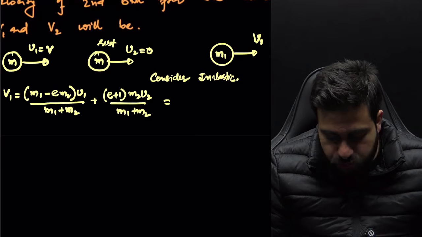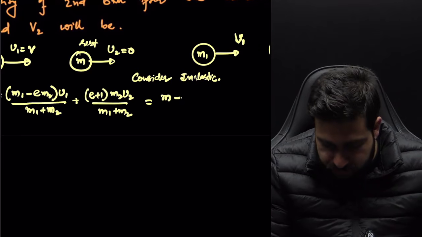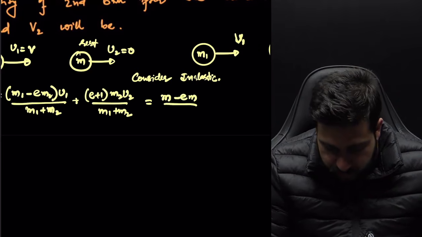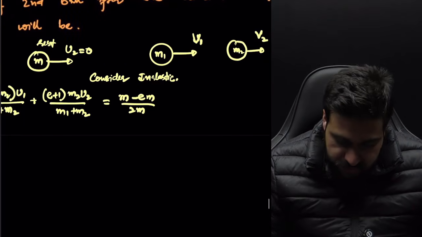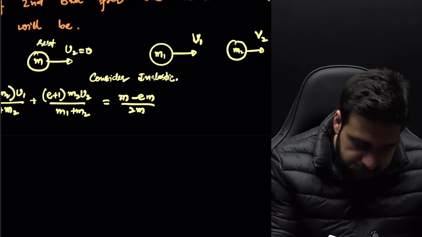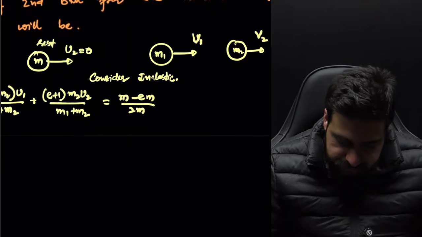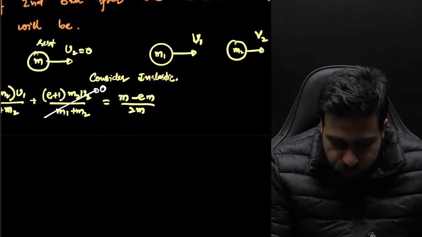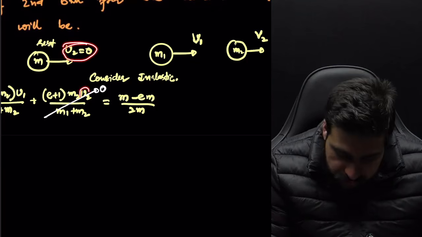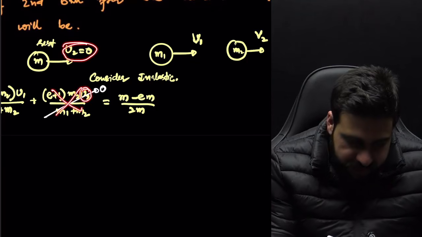Now, what is the value of M1 and M2? That is M. So this is (M minus E times M) upon (M plus M, which is 2M), because both have the same masses. Then this second term is going to be 0. Why? Because the value of U2 is 0, and 0 multiplied by the entire thing is 0.